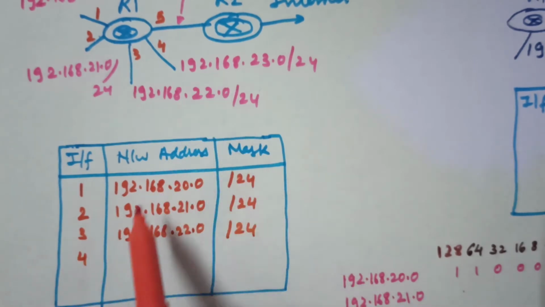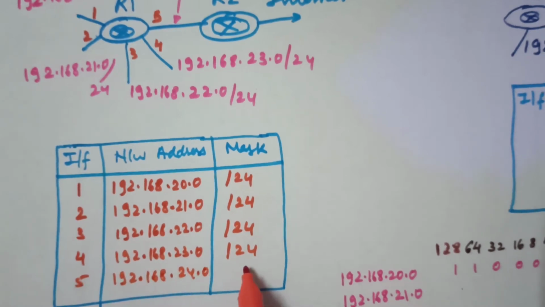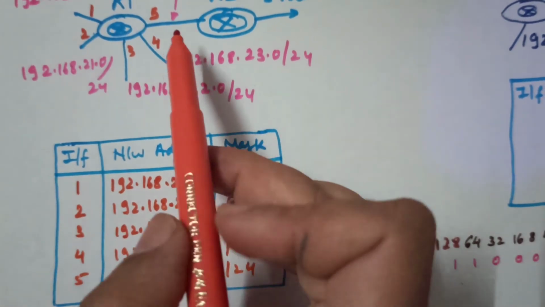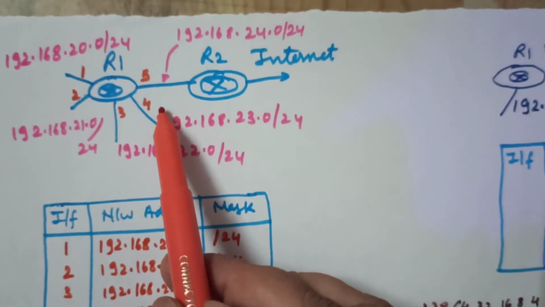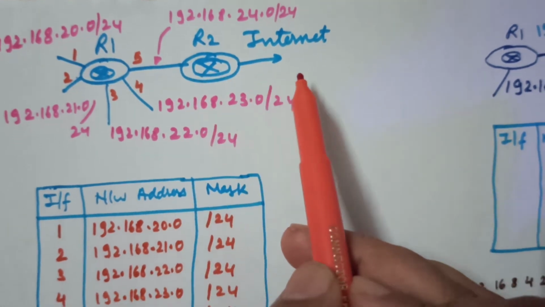Interface 4 has the IP address 192.168.23.0 with the mask of 24. Interface 5 is having the IP address 192.168.24.0 with the mask of 24. Here interface 5 of router R1 is connected to a gateway router which is then connected to internet.